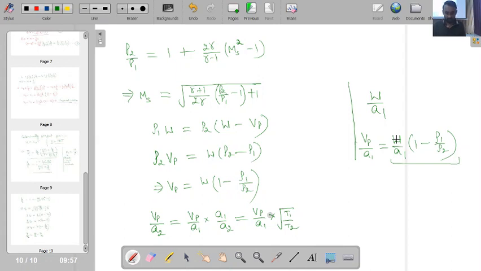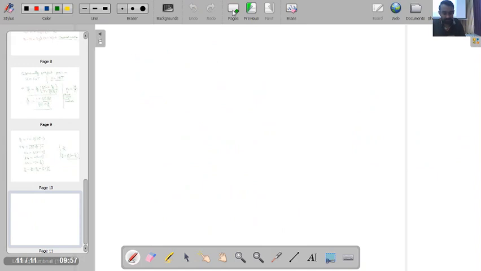So W by A1 just now I have calculated: square root of gamma plus 1 by 2 gamma into P2 by P1 minus 1 plus 1. Let me make these substitutions.